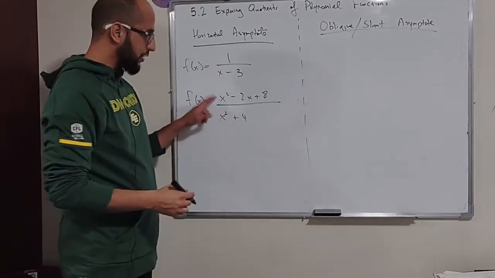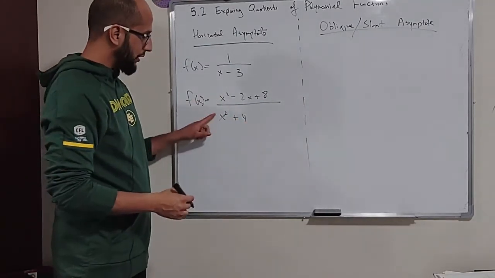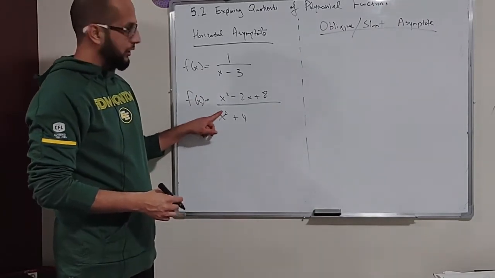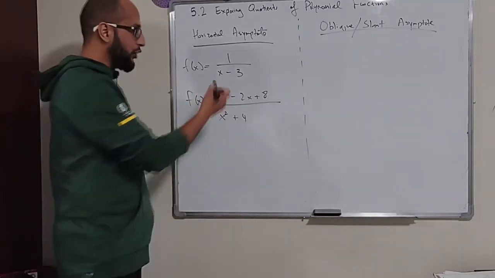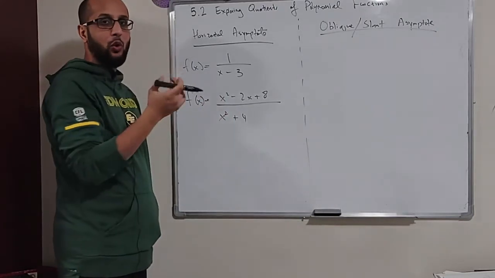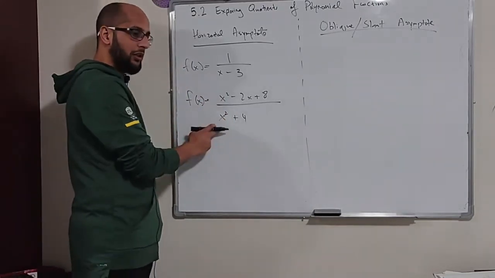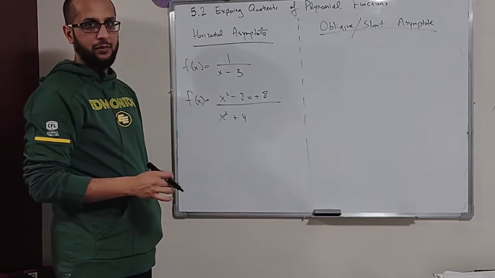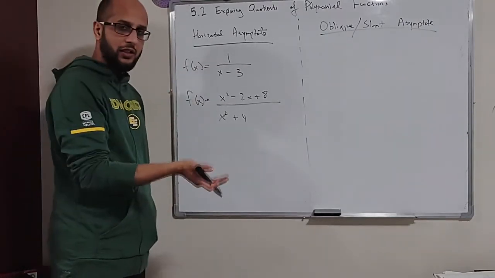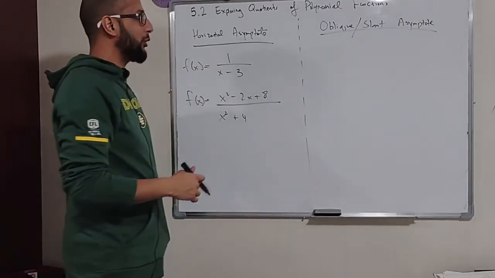In this case, the degree of the numerator is 2 and the degree of the denominator is 2. As long as the degree of the numerator is equal to or less than the degree of the denominator, you will always have a horizontal asymptote. Okay, and what that horizontal asymptote is we'll focus more on in 5.3.